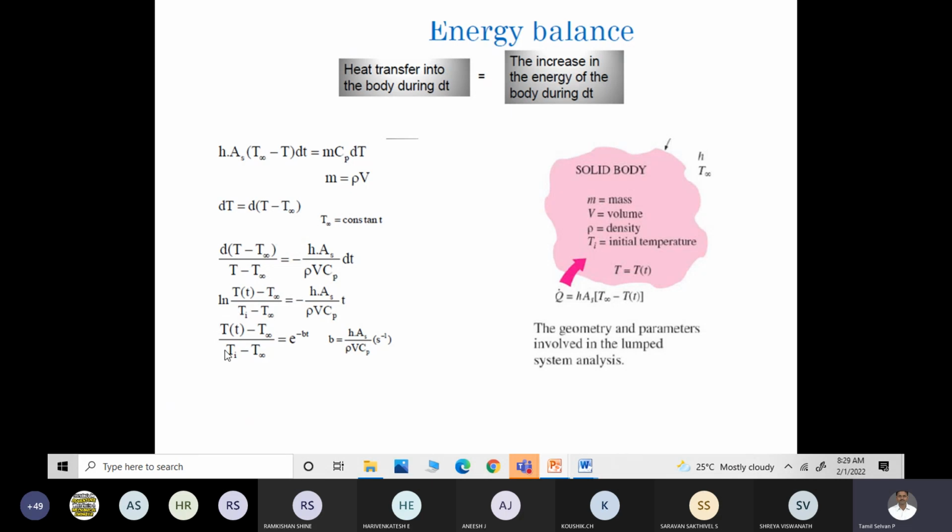So the temperature at any instant of time t, T minus T infinity divided by Ti minus T infinity, where Ti is the initial temperature and T infinity is the surrounding fluid temperature, is equal to e power minus Bt, where B equals HA divided by rho Vc.